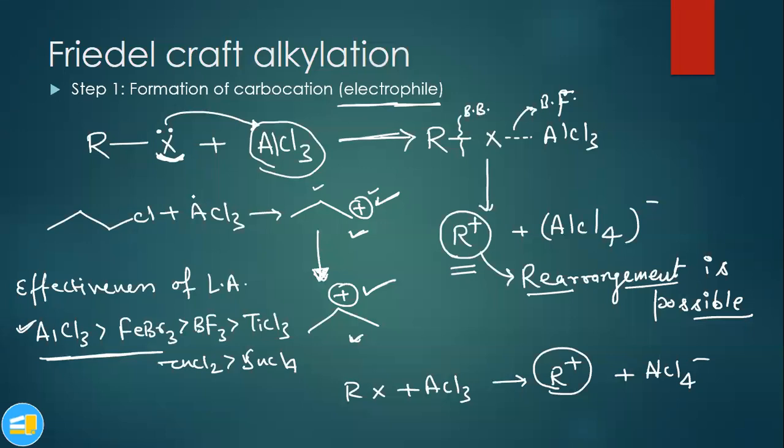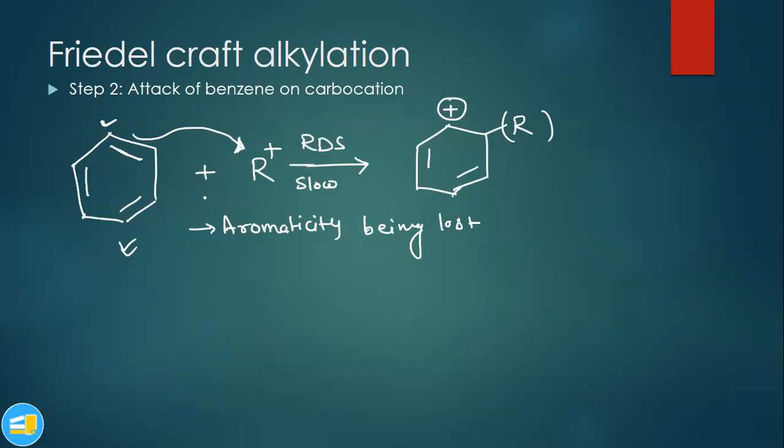That is also a very slow step, but if you compare the difference between the speed of these two steps, the second will be the slowest. So due to this slow step, that will be the rate determining step. This step is also called formation of sigma complex, that is, attack of benzene on carbocation.